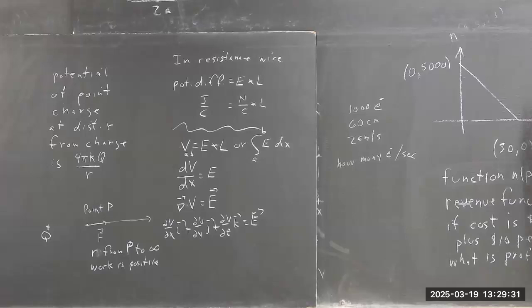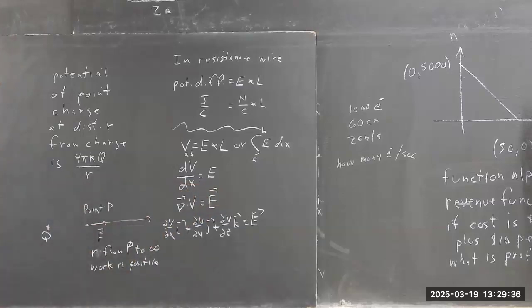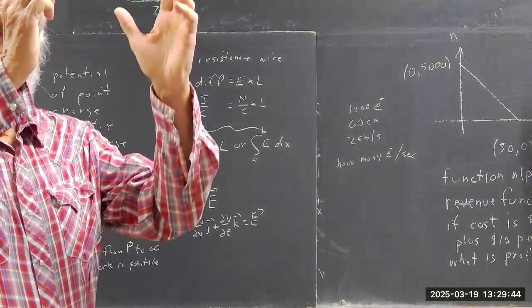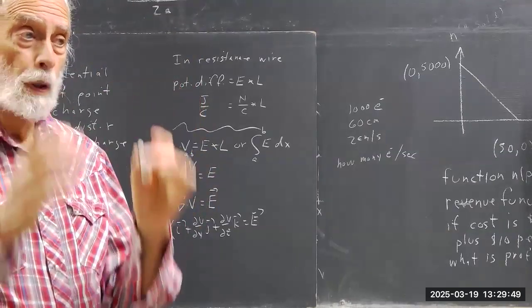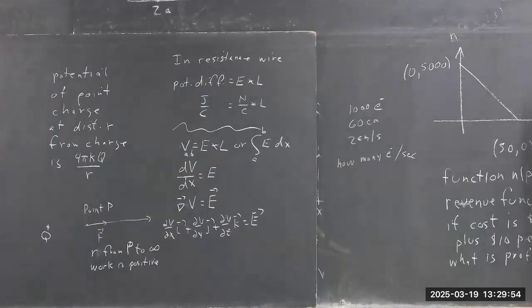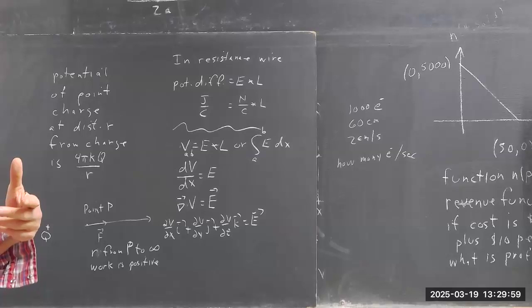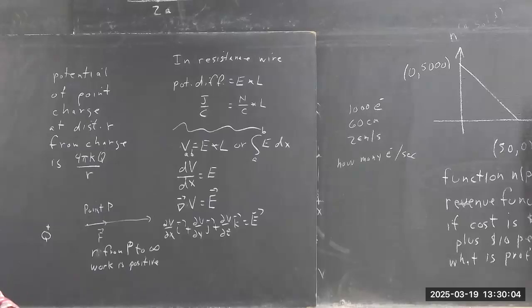So the work done by the net force in going from here to infinity is positive. By analogy, the work I do to lift that concrete block is positive as I move away from the source. So you want to reason it out in terms of the idea that potential difference is equal and opposite to the work done by the net force. Okay.